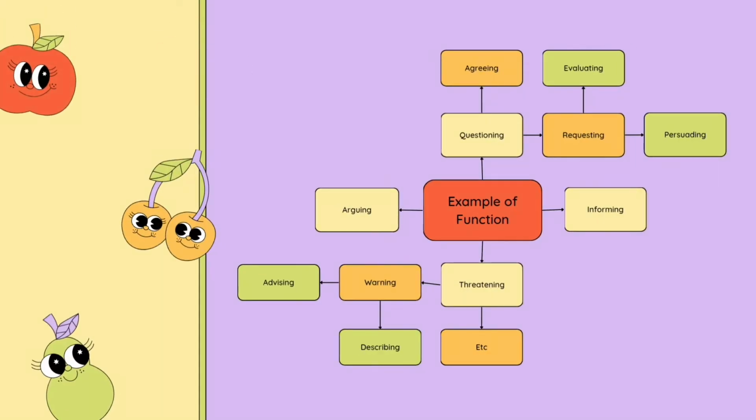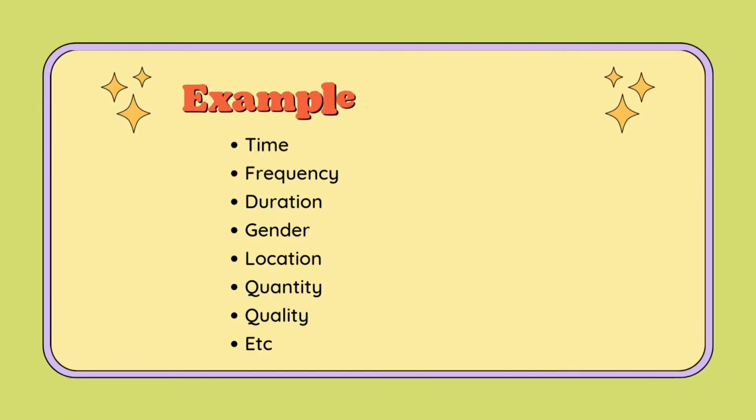Examples of functions: questioning, requesting, agreeing, evaluating, persuading, arguing, informing, advising, warning, threatening, describing, and so on. Examples of notions: time, frequency, duration, gender, location, quantity, quality, and so on. A notion may be past time.